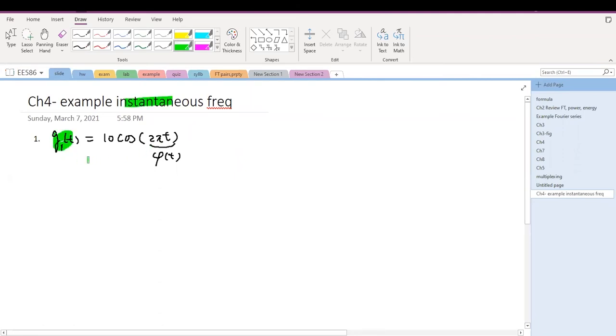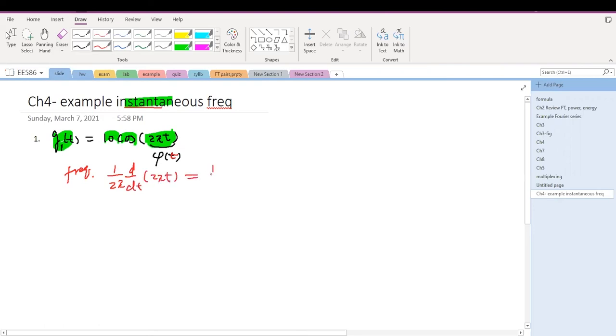Now let's look at some examples on how to calculate the instantaneous frequency. Let's look at this first signal, g1 of t equals 10 cosine 2 pi t. Note in this case, 2 pi t, that's the angle, that's the psi of t, or phi of t, so it doesn't matter, whatever we call it. So the frequency, when we say frequency now, we mean the instantaneous frequency. That's 1 over 2 pi times d/dt of 2 pi t.